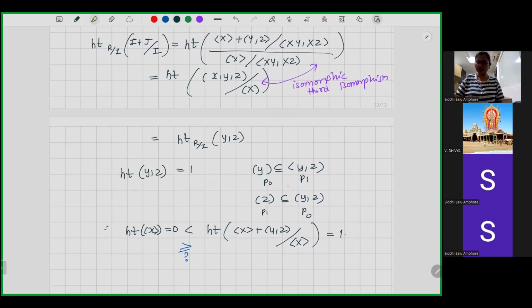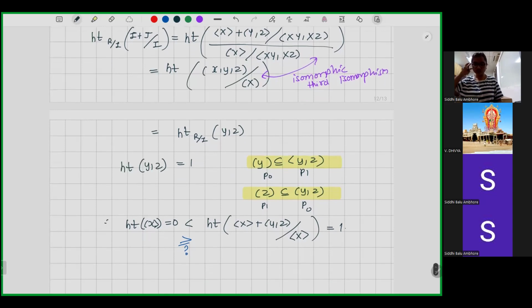Because of this, I think we missed this earlier, but the height is, this is 0, this is 1.